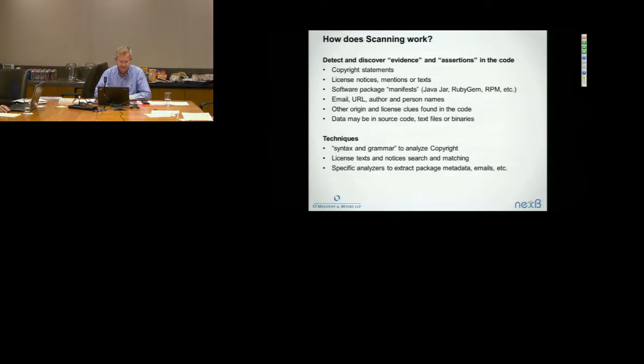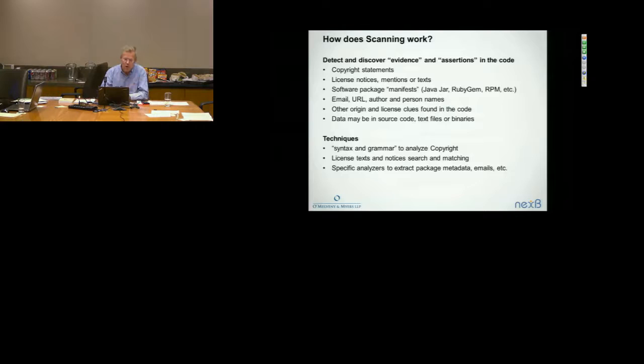Then when it comes to library and package metadata, you have very specific parsers and analyzers that are able to recognize how this metadata is expressed in Node package manager format, in RPM, in Java jars, in Python wheels, in Ruby gems, and so on.